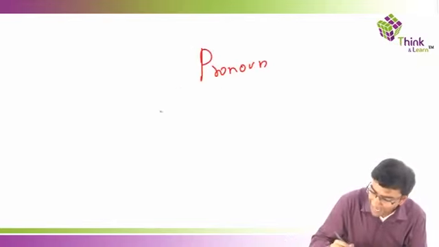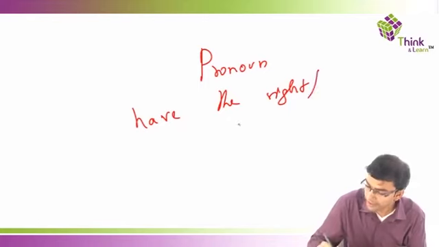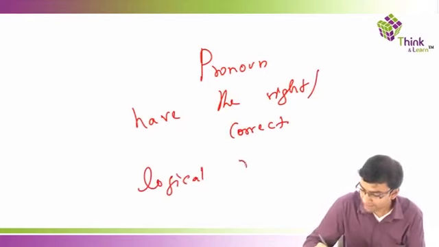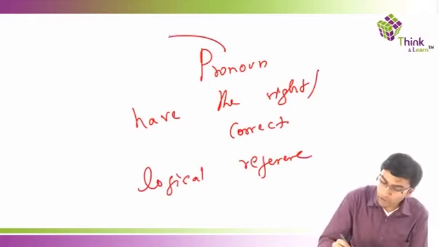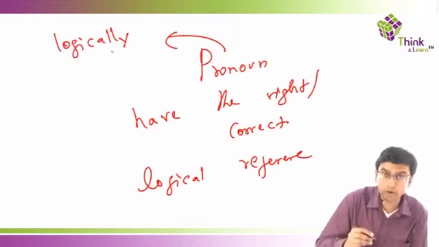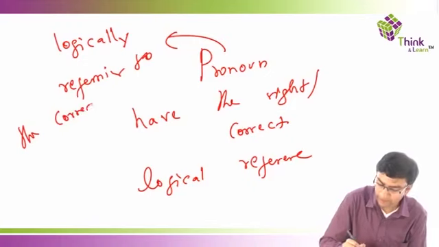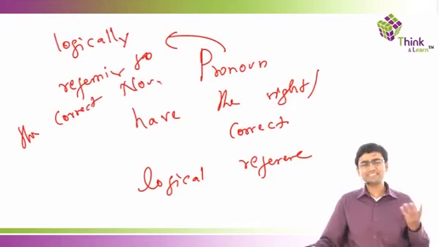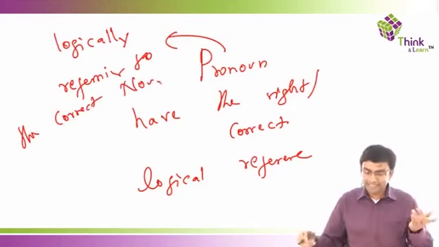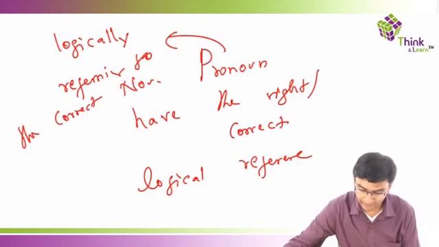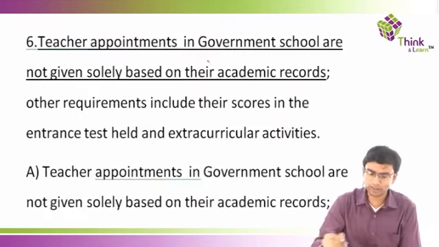But the other thing which you have to check is, does the pronoun have the correct logical reference? Is the pronoun logically referring to the correct noun or not? That's very, very important. So look at this particular question which we discussed, I think, in the category called pronoun errors.